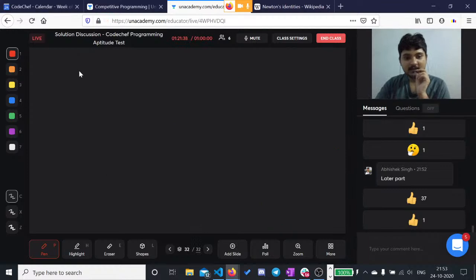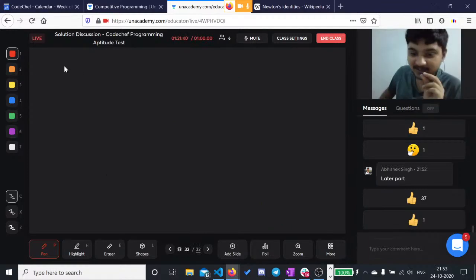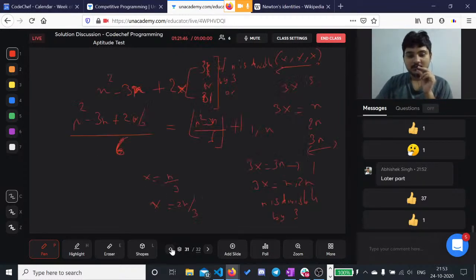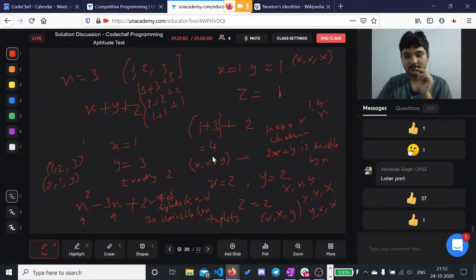How many ways are there to choose triplets? I mean, due to lack of time, I'll just skip for now. But you can try on your own, like trying to count the triplets without considering them as equal first, and then removing them by inclusion-exclusion.